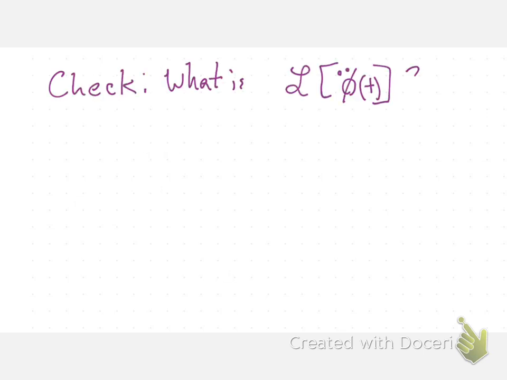So let's do a quick check-in. What exactly would the Laplace transform of a second derivative be? If we want to find the Laplace transform of acceleration, that would be convenient to know.